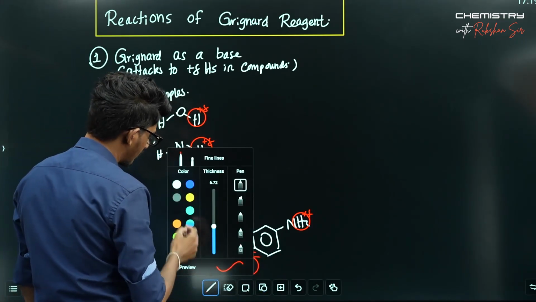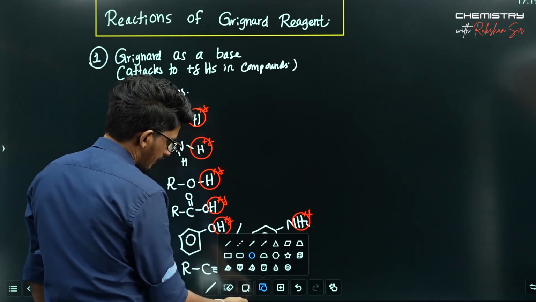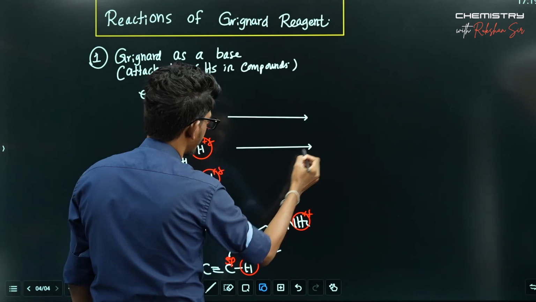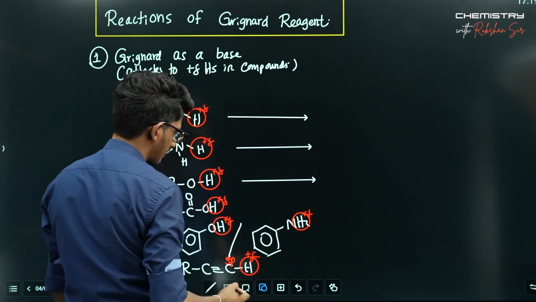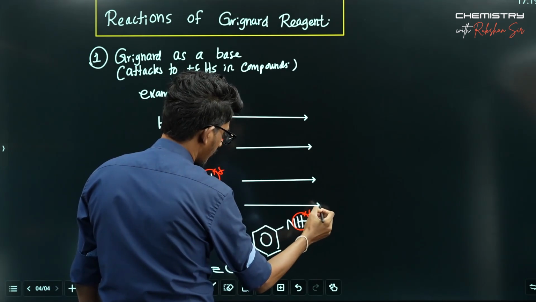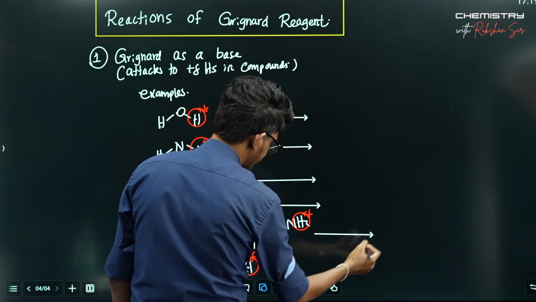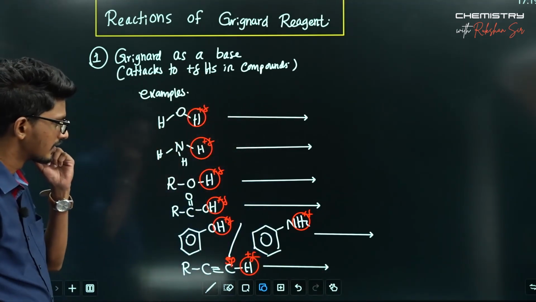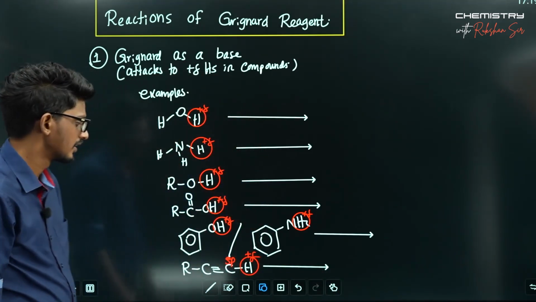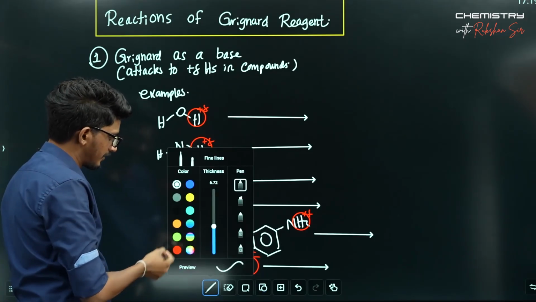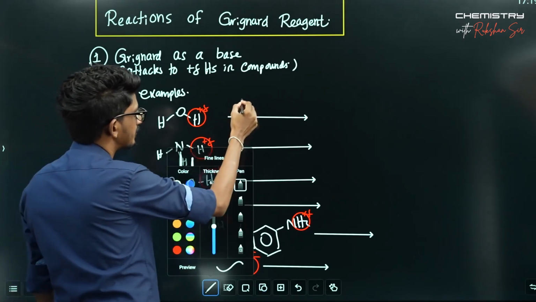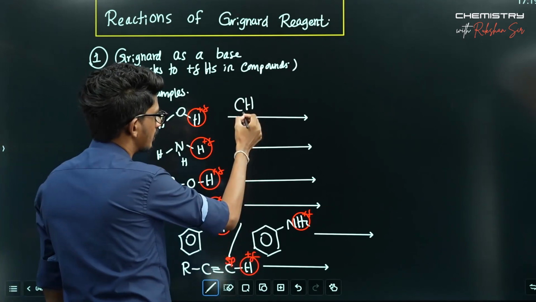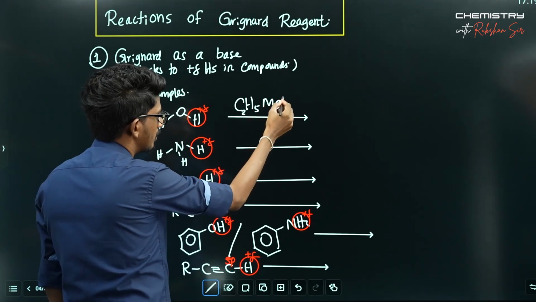Let's come up with those reactions then. All of these things with Grignard will end up with some Grignard attack towards the hydrogen. Let's discuss. Let's use this Grignard reagent, C2H5MgBr.